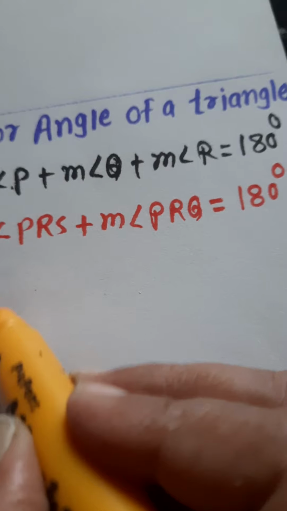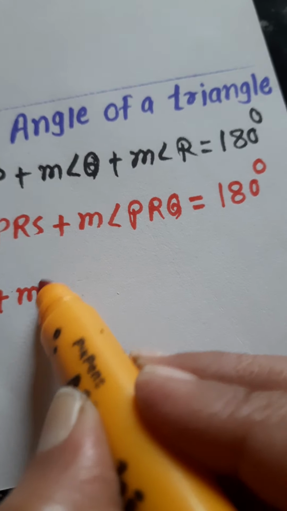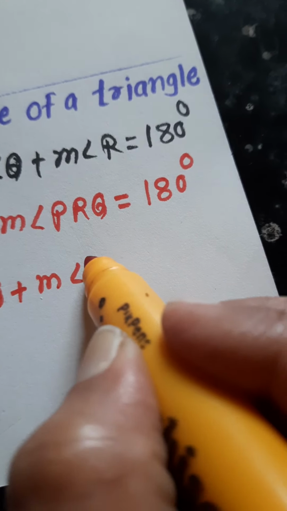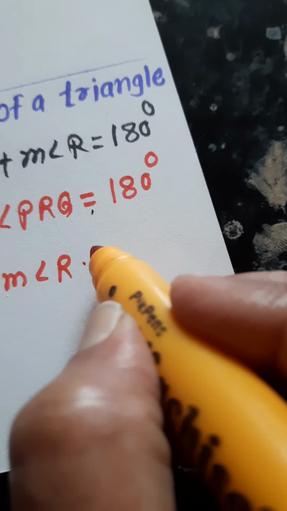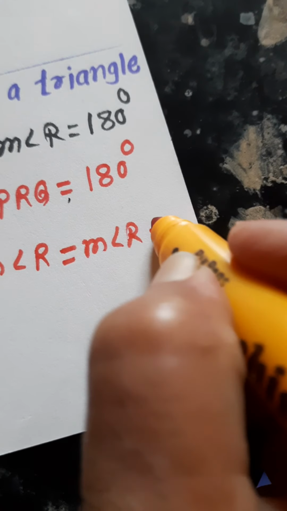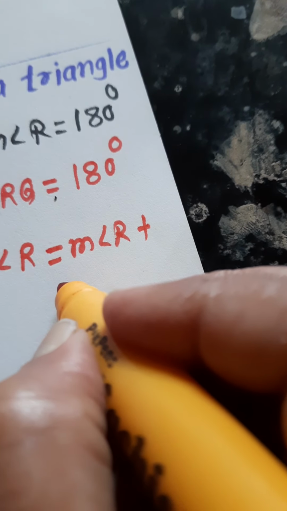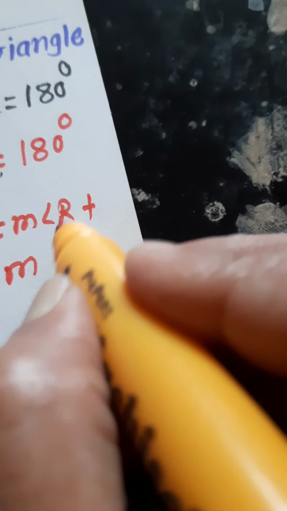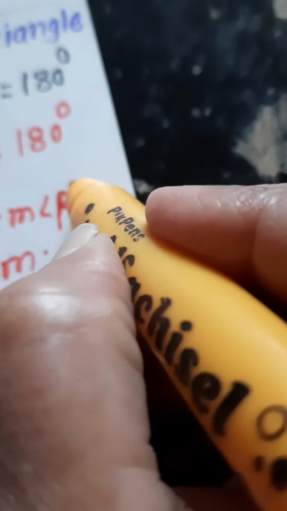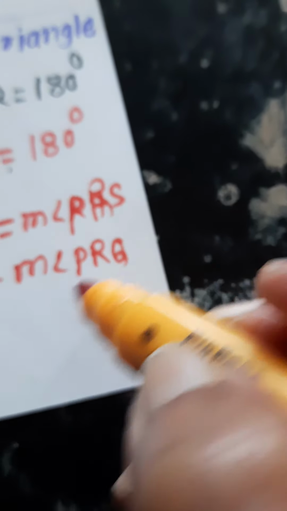So here I will write: measurement of angle P plus measurement of angle Q plus measurement of angle R is equal to measurement of angle R plus measurement of angle PRQ.